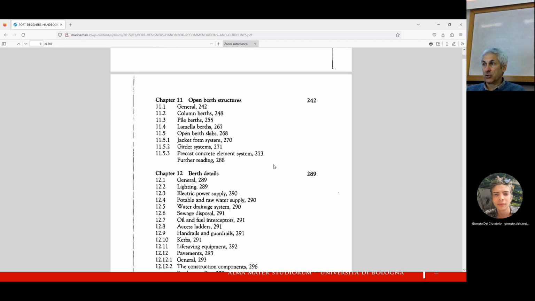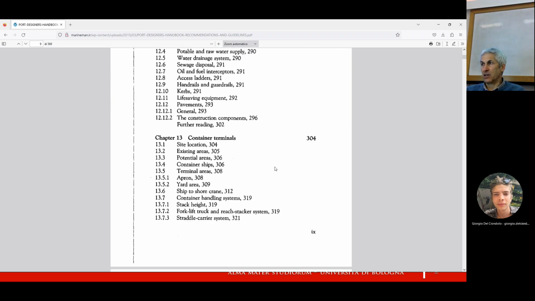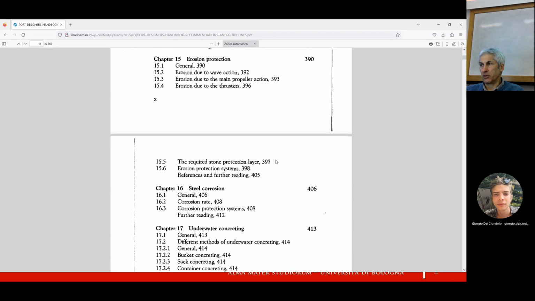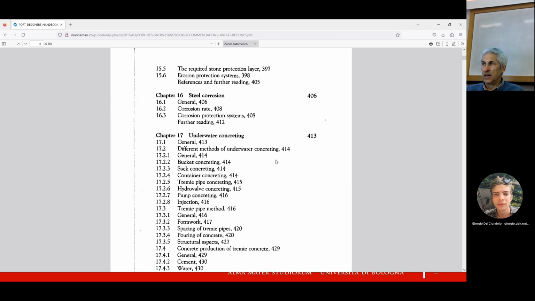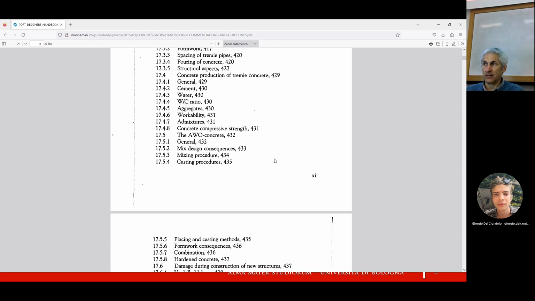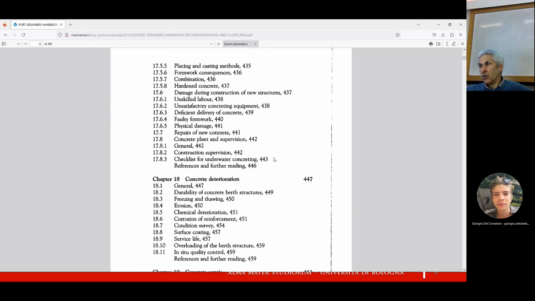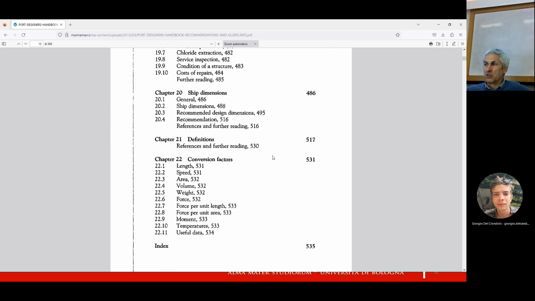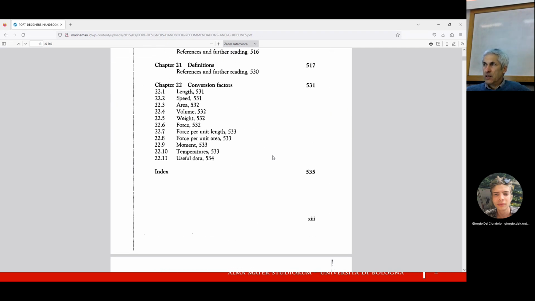Open berth structures, berth details, container terminals. So you see fenders, erosion protection, steel corrosion, underwater concreting, another interesting chapter, concrete deterioration, concrete repair, ship dimensions, conversion factors.